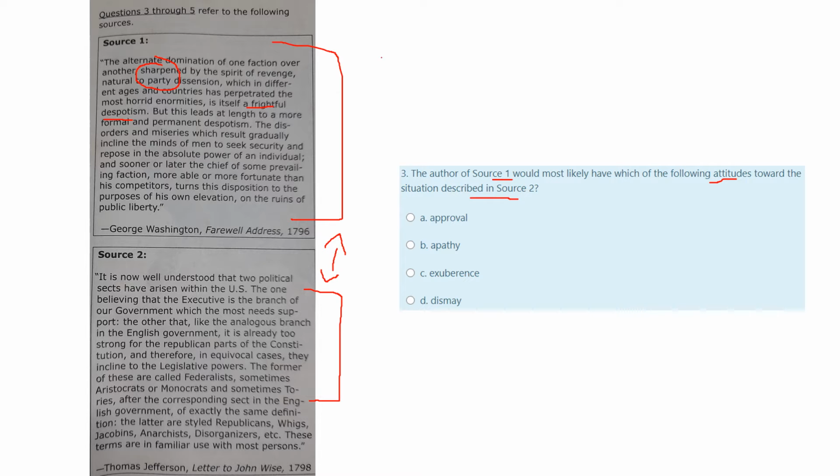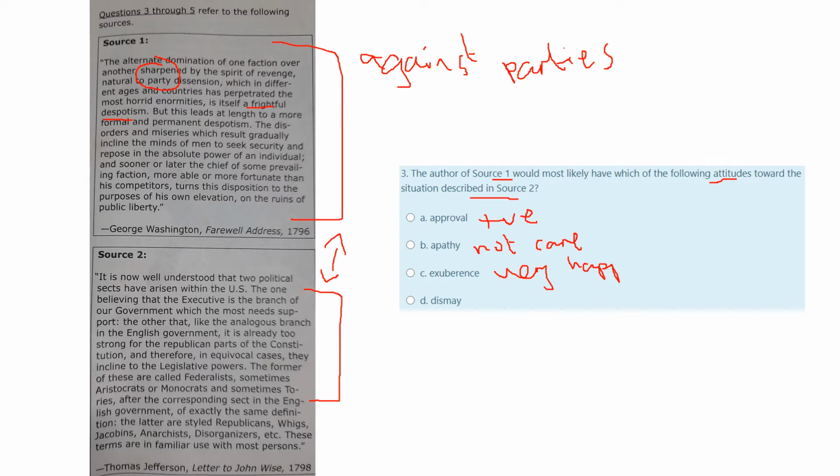So he is against political parties. Now, what options do we have? Approval, this is positive. Apathy is like not care. Exuberance means very happy. And dismay means sad.